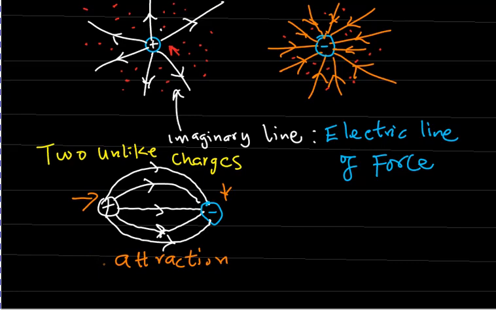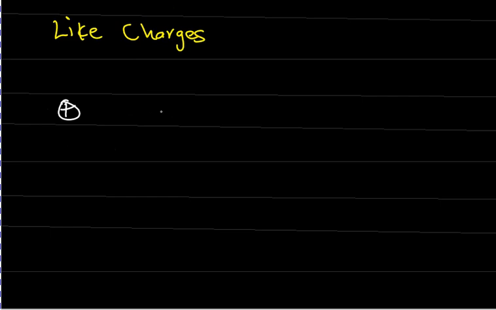Now, if the two charges are two like charges, then you know what you're going to expect. You will definitely expect a force of repulsion. For example, two positive charges.